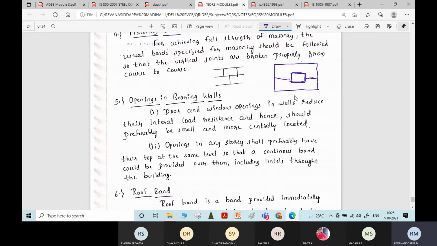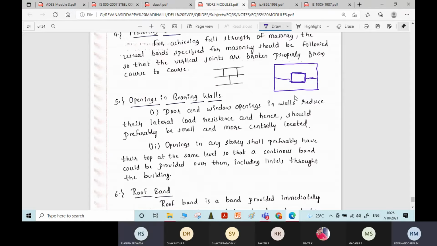And third guideline, if you are providing n number of openings all around the building, the top of the opening should be at the same level. Because if you provide the top of the opening at the same level, then it will be easy to provide a continuous band, that is lintel beam.